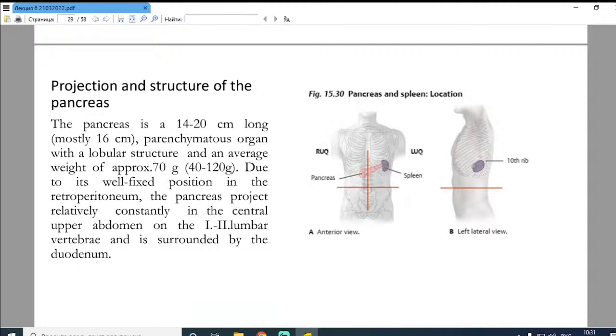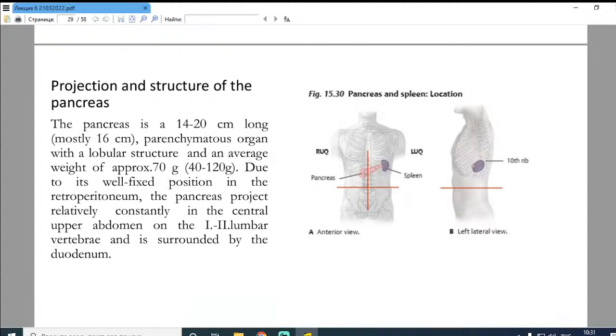The pancreas is a 14-20 cm long parenchymatous organ with a lobular structure and an average weight of approximately 70 grams.